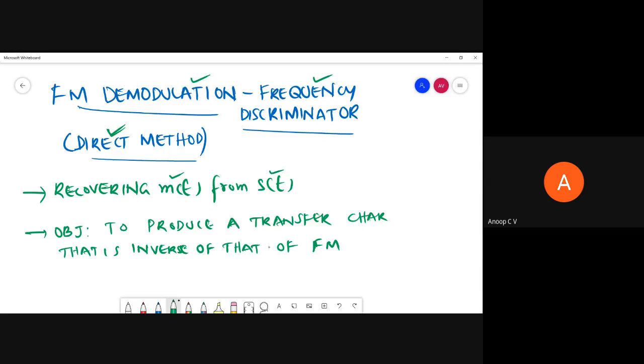So what FM does is produce S of t from M of t. So here in demodulation, what we need is, from S of t, to get back M of t.